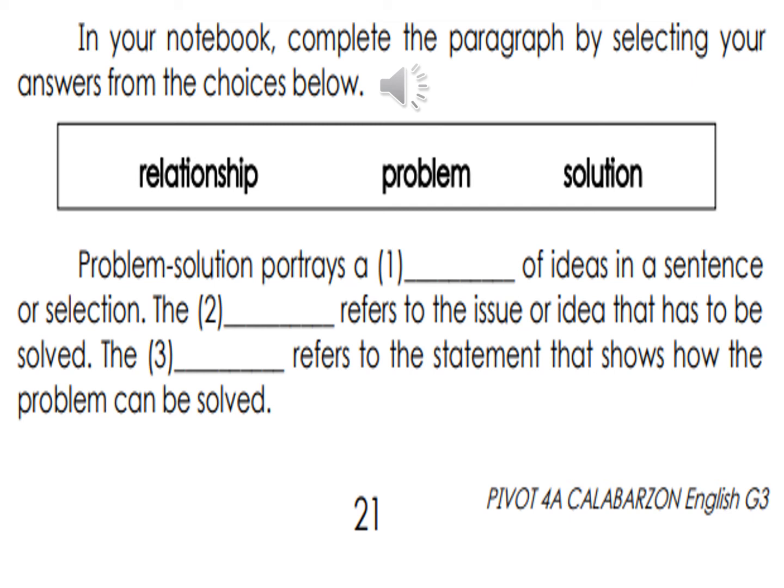The blank refers to the issue or idea that has to be solved. And number 3, the blank refers to the statement that shows how the problem can be solved. So I hope you understand our lesson today, problem and solution.